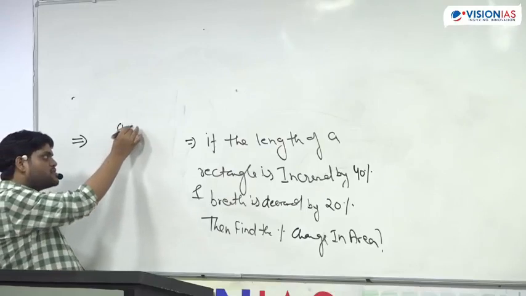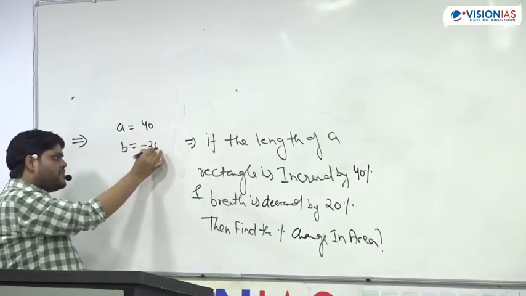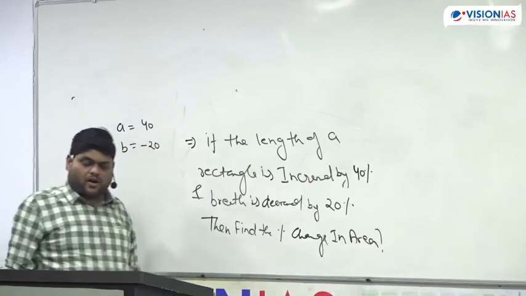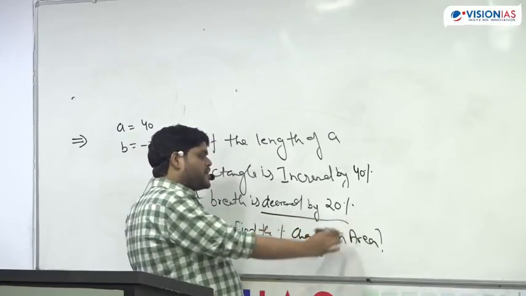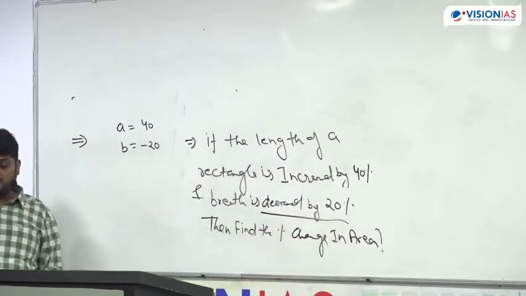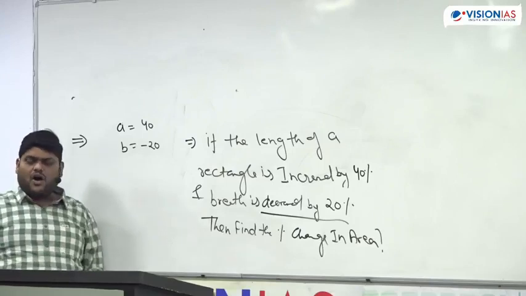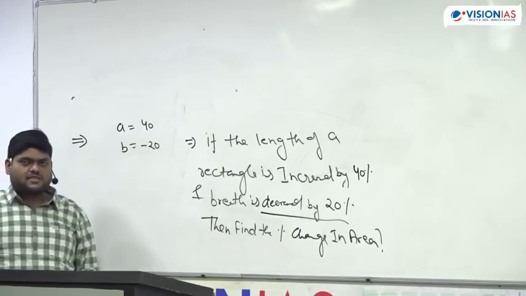A is a positive increment, but B here will be negative. And why negative? Because it is decreased by 20%. Yes, everybody is giving almost the correct answer. So now you are getting some confidence.